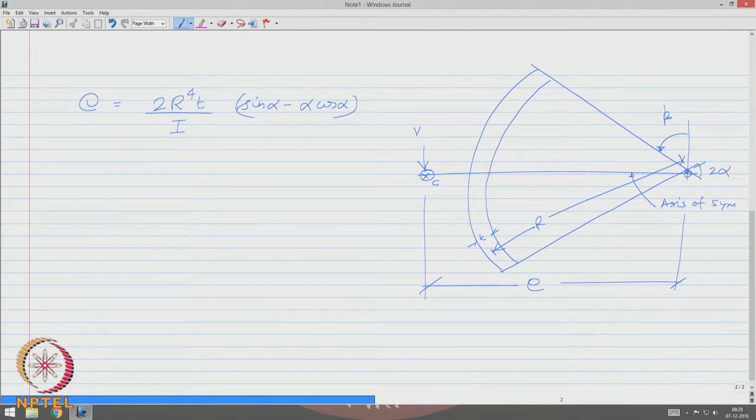Now, let us discuss how to estimate the moment of inertia, or the second moment of area, of this segment about the axis of symmetry.